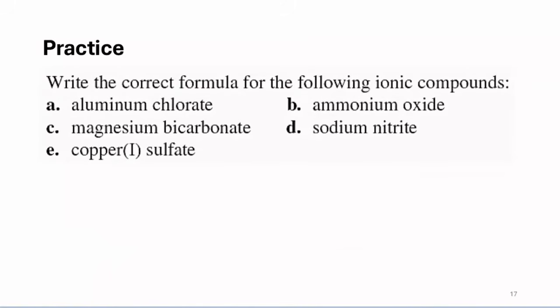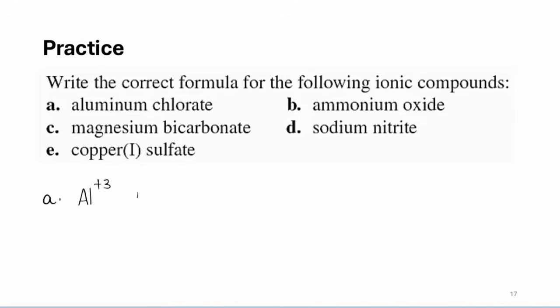In this practice, we are given names and we need to write the chemical formulas for these compounds. I'm going to do all of the examples here in order for us to practice. On letter A, the name of my compound is aluminum chlorate. Aluminum has the symbol Al and is +3 because it lives in 3A.